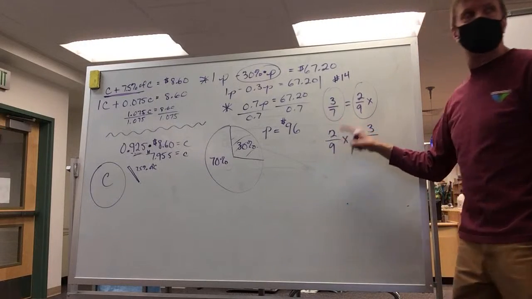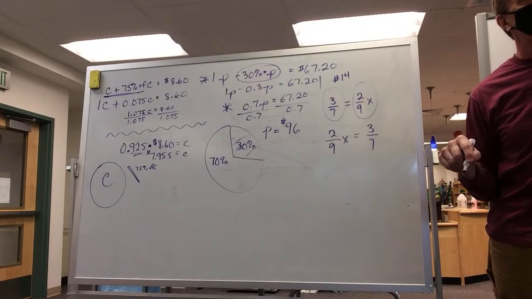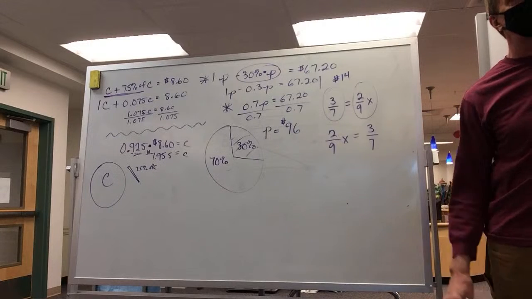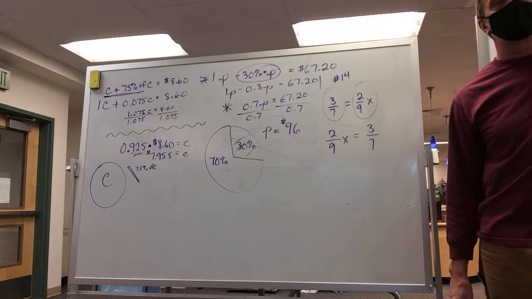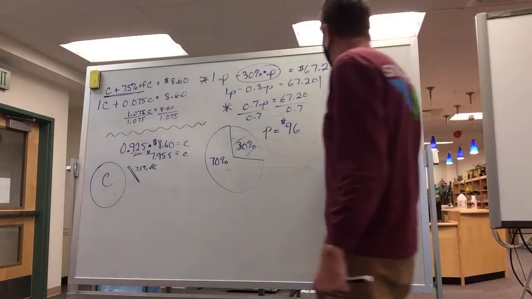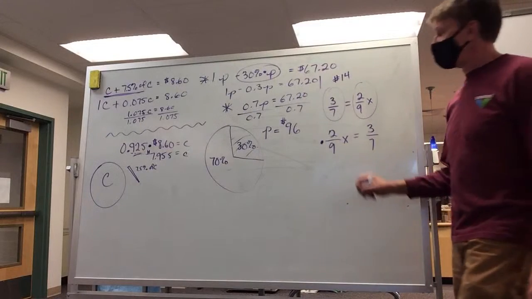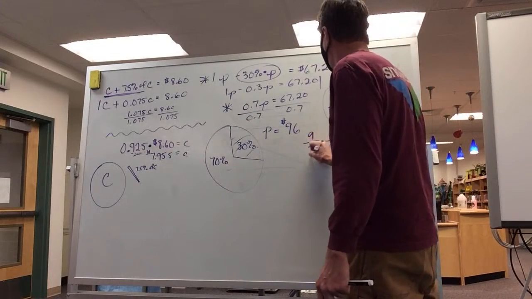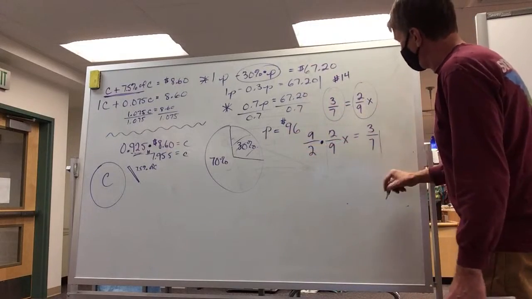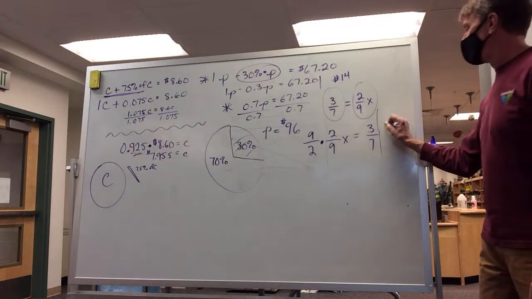This is multiplication, and to undo multiplication is to divide. But we don't do division with fractions the same way we do with integers. How do we do division of fractions? Multiplied by the reciprocal. So what is the reciprocal of 2/9? 9 over 2. So whatever I do on that side, I think of having to do on this side. 9 over 2.